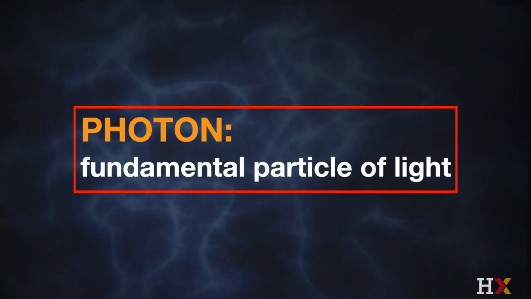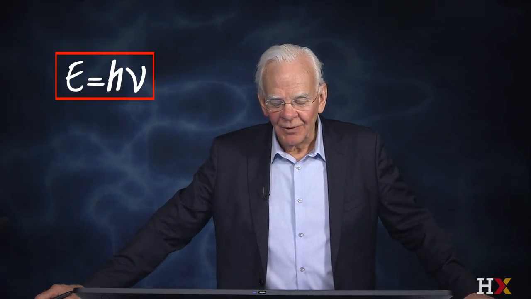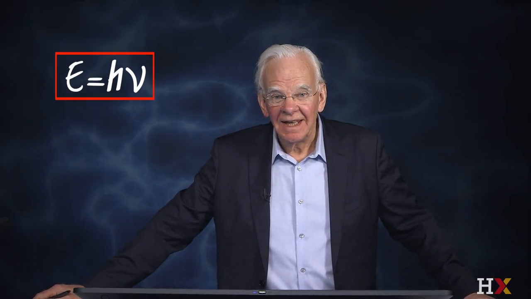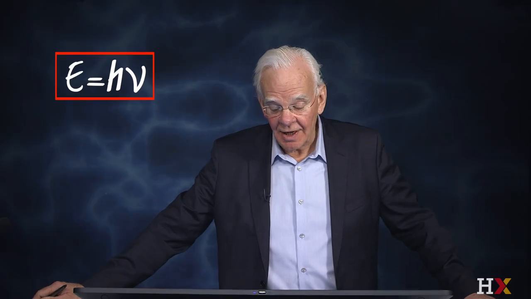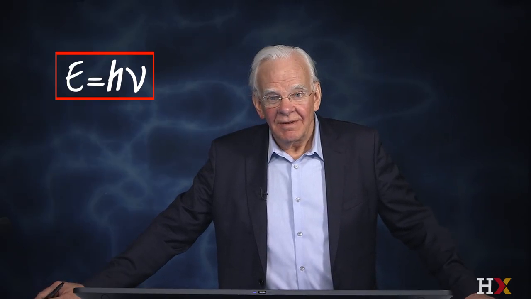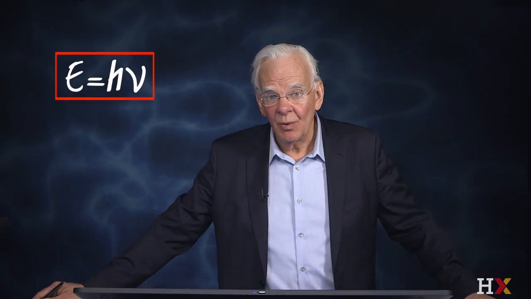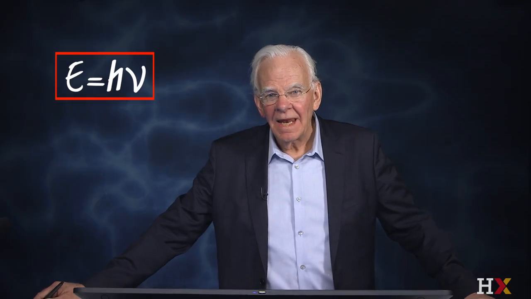Now, when Max Planck published this, it's one of the most remarkable stories. He didn't believe it. He said, I grew up studying electromagnetic radiation. I grew up studying Maxwell's equations. That was the crown jewel of 19th century physics. And here I'm proposing that light is not a wave, it's a particle.